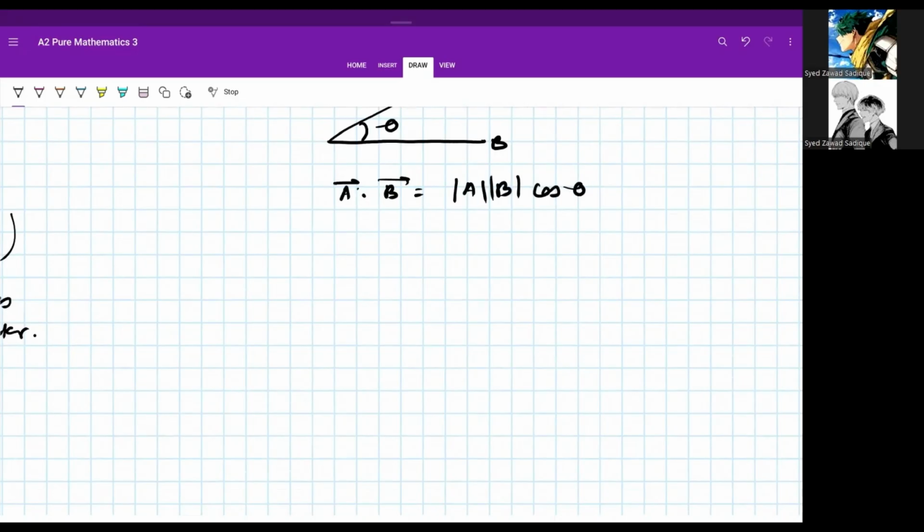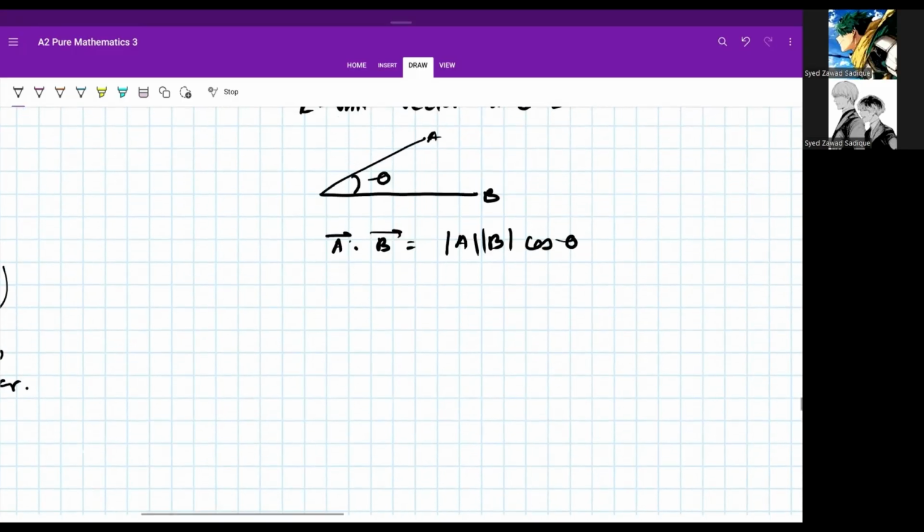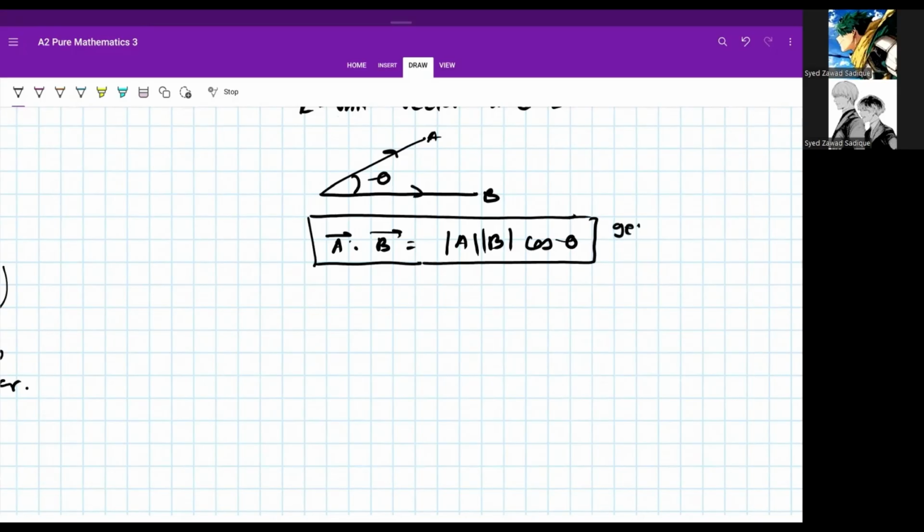So vector A multiplied by vector B is equal to magnitude of A multiplied by magnitude of B cos theta. This is the general formula. Okay.